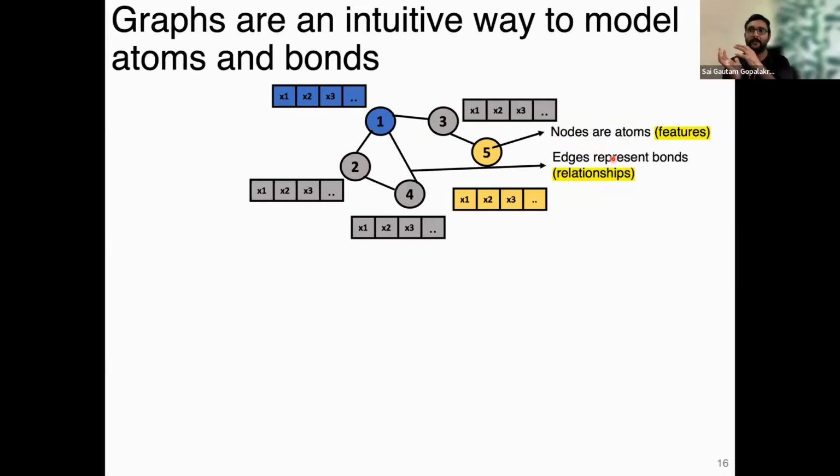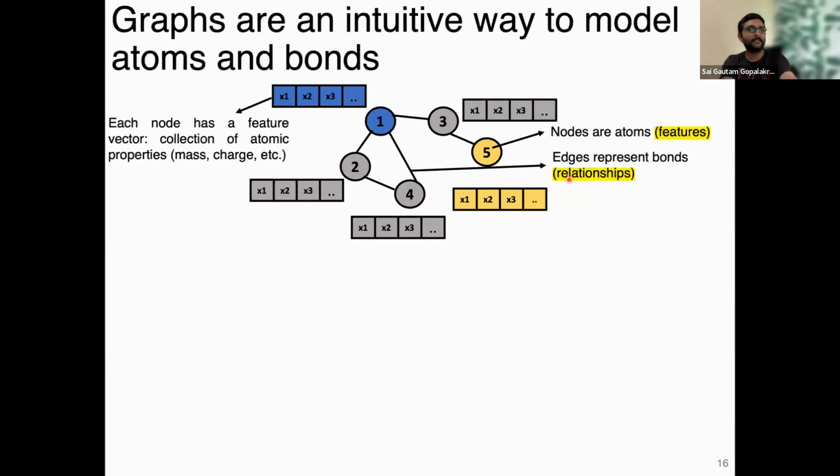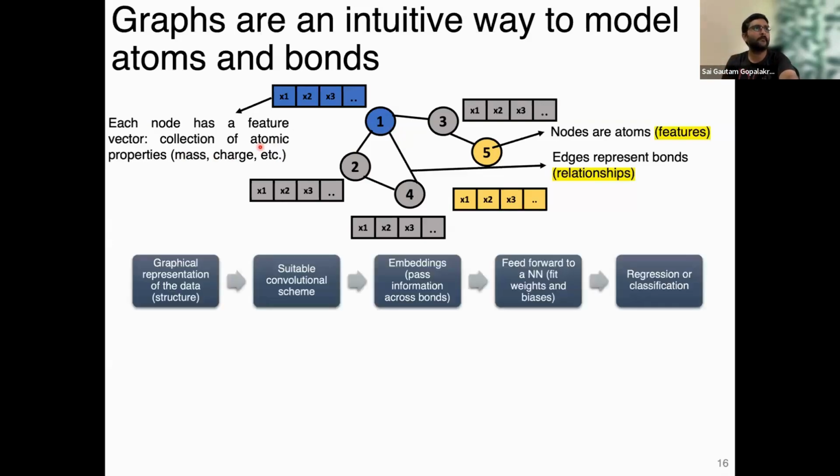That's why graphs are a very intuitive way of modeling any given material, because any material has atoms sitting in discrete positions, with bonds forming between those atoms. As I mentioned, each node has a collection of properties. So if each node represents an atom, you can put in atomic properties here, like mass of the atom, atomic number, electronegativity, and so on.